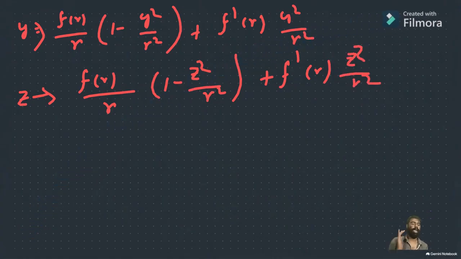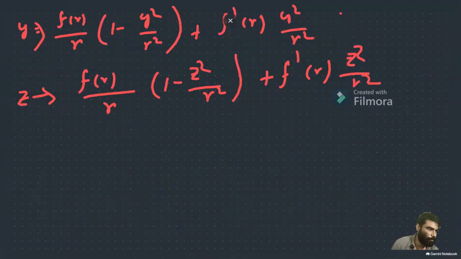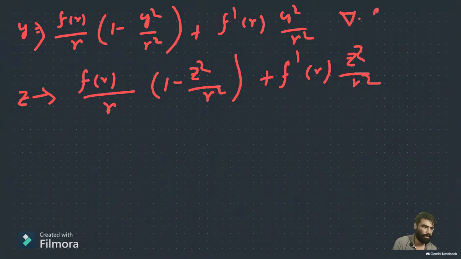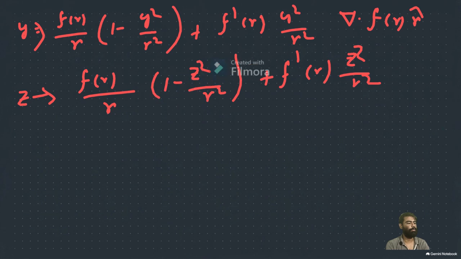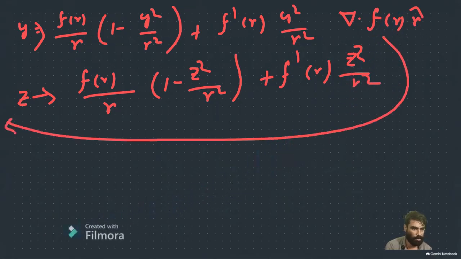Now if you try to find the divergence of this central force field f(r), we have to add all these three components. So adding all three components, they look like this.